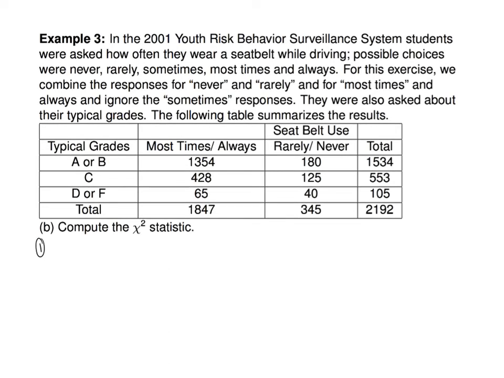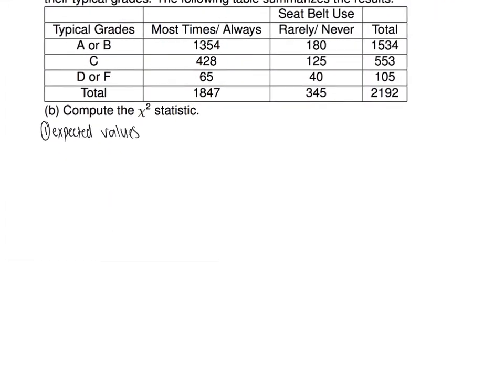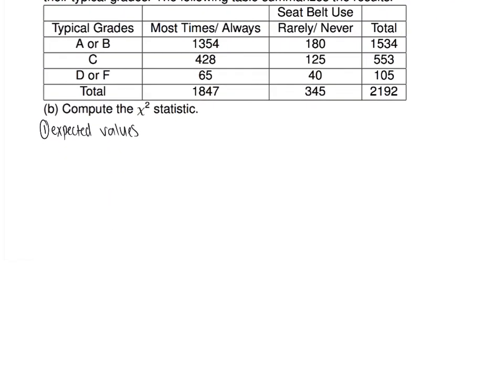So same idea, first thing you have to do is find the expected values. Let's just move that up so we have some more space. Okay, so we have the A/B students, the C students, the D/F students. And I'm going to call this most always and call that rarely never.